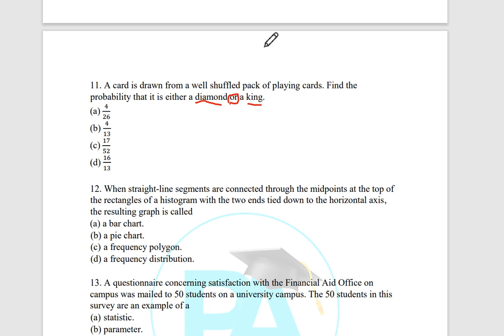Now, before that, remember, when you were studying probability, you were told that under the addition rule, or is addition.